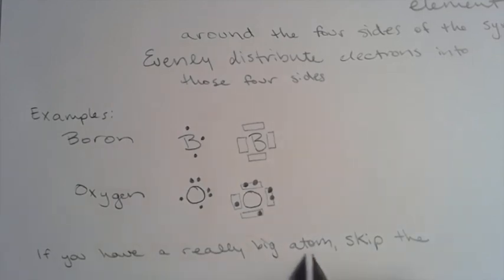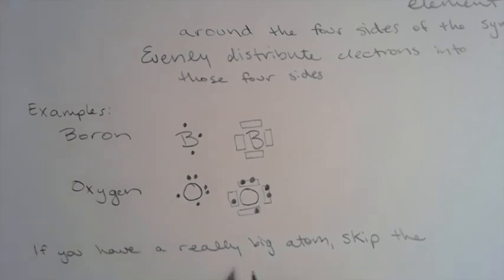So if you have a really big atom, skip the transition metals. Don't worry, we're going to figure out what those are. Transition metals. Okay. If you have a really big atom, skip the transition metals in the middle.